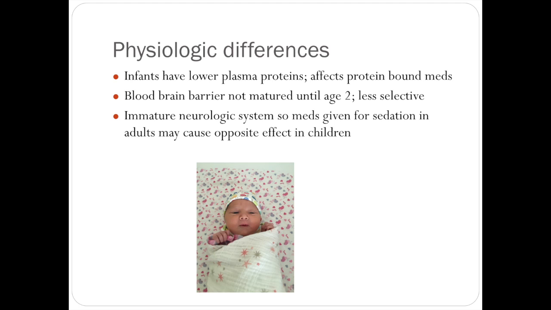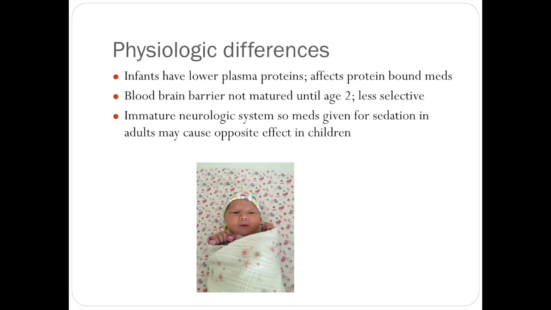and that increases the potential for side effects. Another very important thing you must remember is that the blood-brain barrier is not mature until age 2. It's far less selective. So when you look up a drug and it says it has the potential for neurotoxicity, we worry about this in a baby less than 2 because this drug is going to go straight up to the brain.